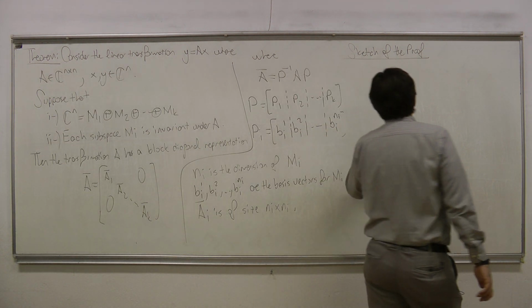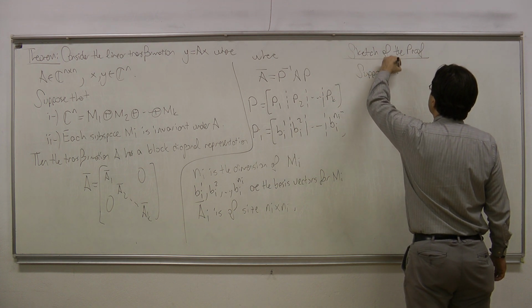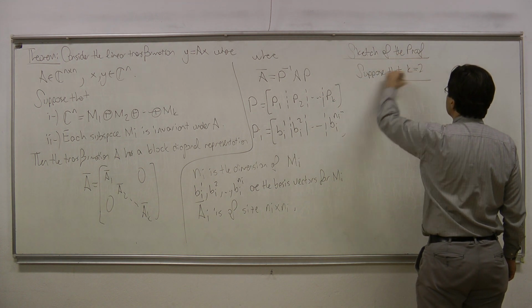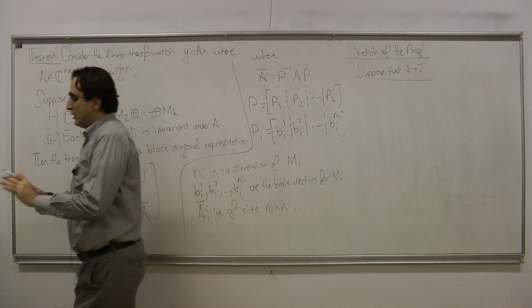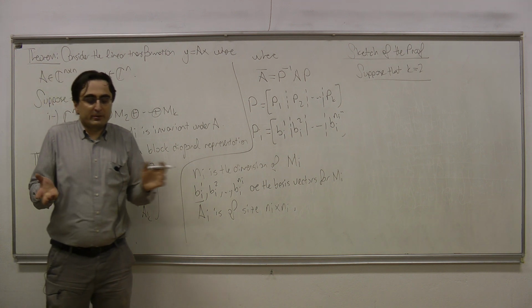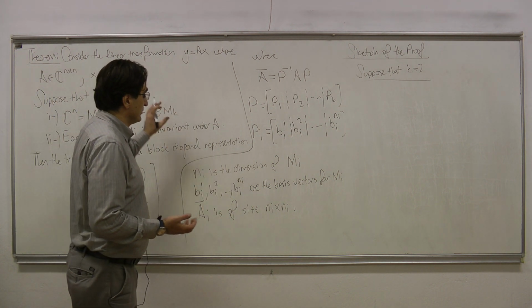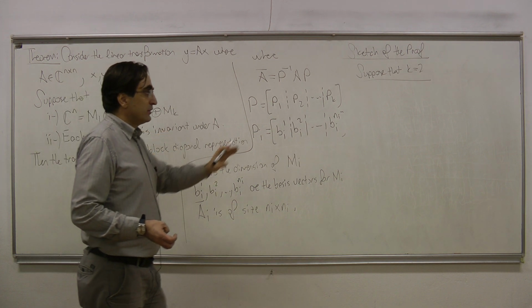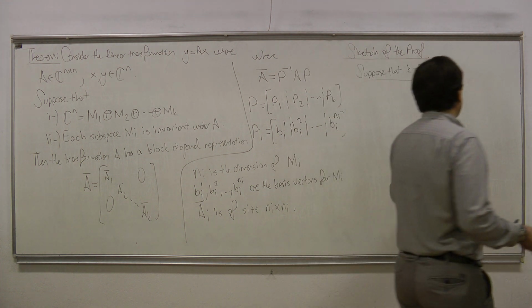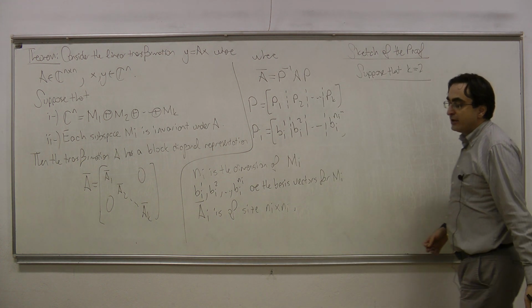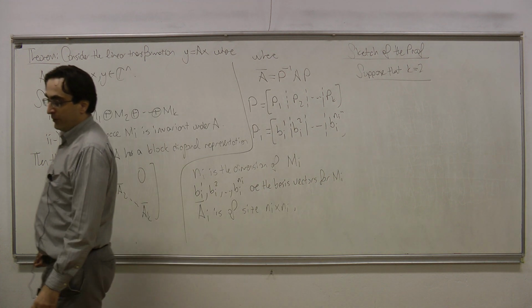So here, suppose that k equals 2. As soon as I write k equals 2, this is not the proof of this general theorem anymore. It is a proof of the case k equals 2. Therefore, I won't be able to claim that this is the proof of the theorem.